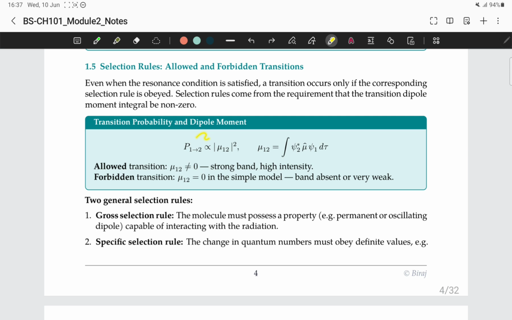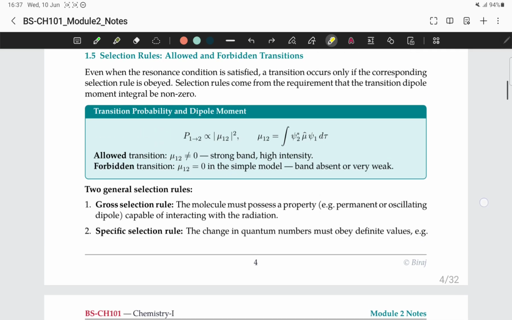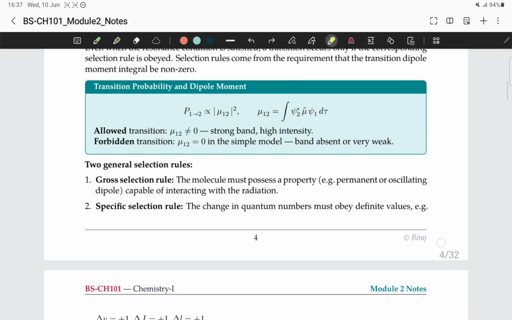The probability of transition P from 1 to 2 is directly proportional to the square of μ1→2. An allowed transition has μ1→2 non-zero, giving a strong band of high intensity. A forbidden transition has μ1→2 equal to zero in the simple model, so the band is absent or very weak.